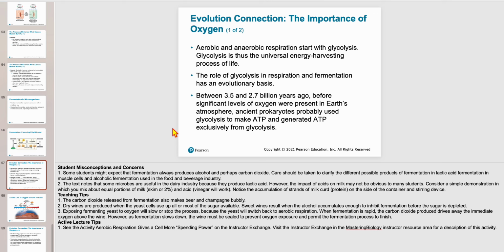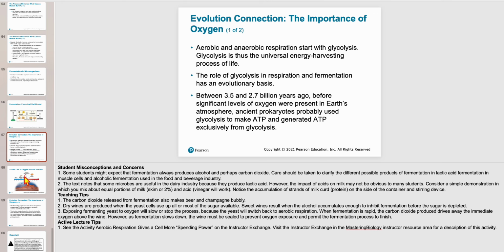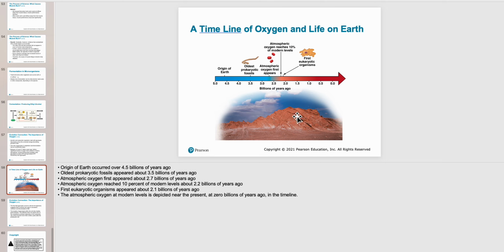Okay, next slide. This is just a timeline. I really don't care for this slide. I hardly ever ask it. This is just to let you know that before oxygen existed on the planet, before plants could produce oxygen, we sort of lived in an anaerobic kind of world.